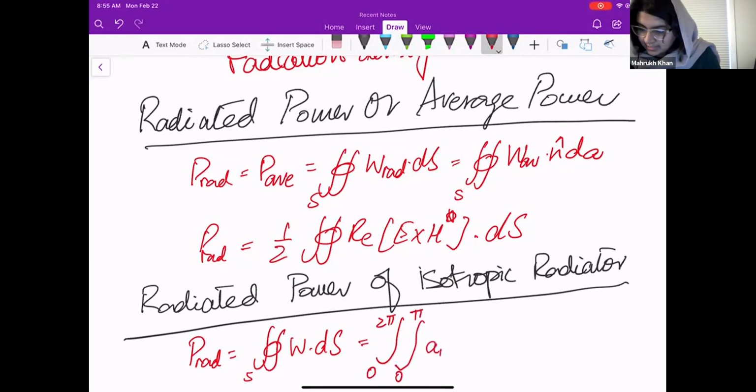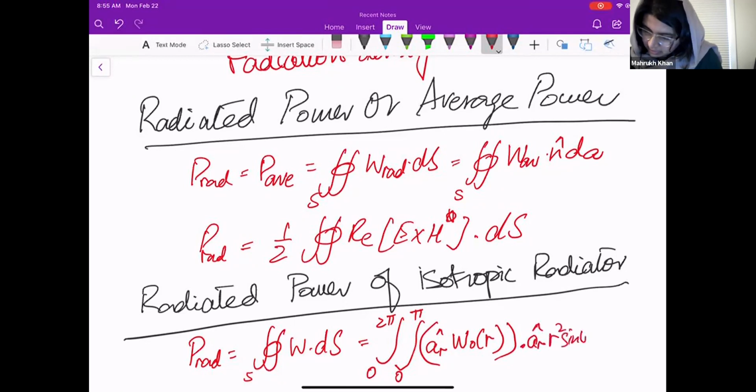I will write it as a_r W_0(r), and then I will do a_r r squared sine theta d phi.